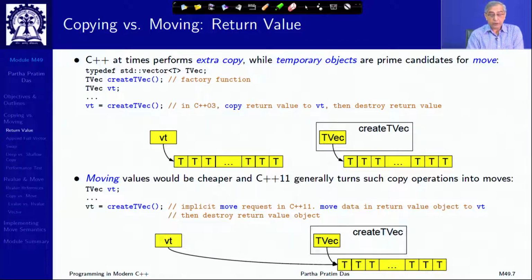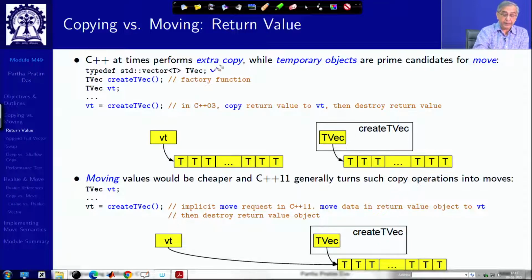So, in C++ 03, if you have a vector and a create vector function which creates a vector and returns it, then if you initialize Vt with create vector, which is returning a vector, that vector will be copied.